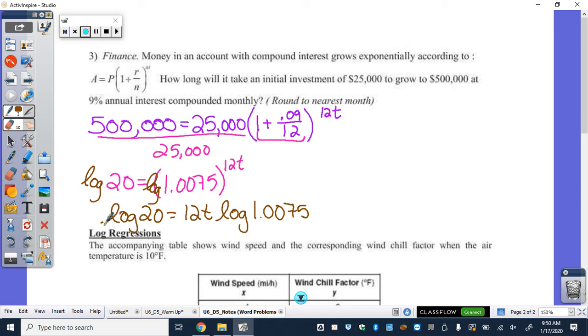So what do we divide by? 12 and the log of 1.0075. So what do we get?